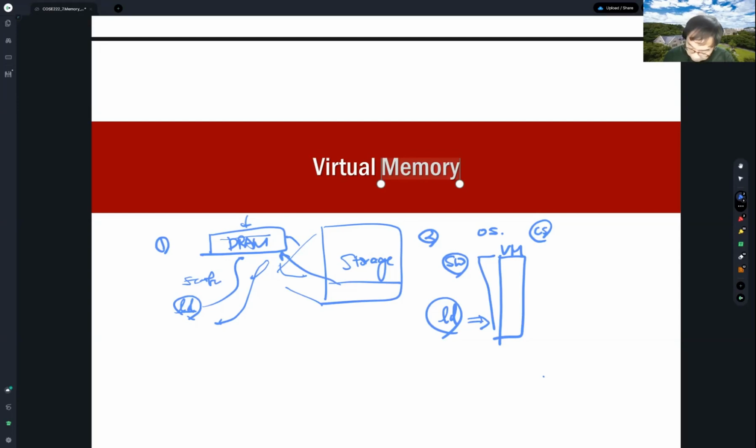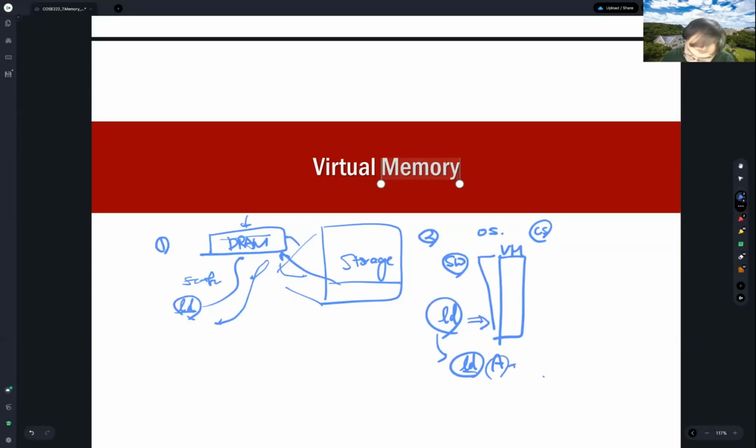As I mentioned, when we load the binary file, the binary file also includes load instructions, and these load instructions access the data.